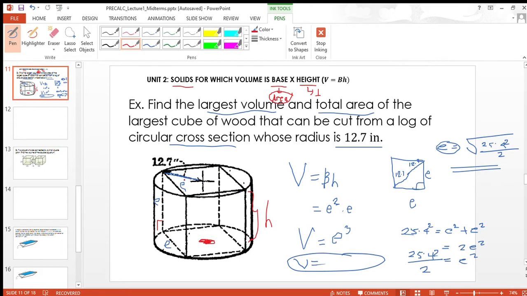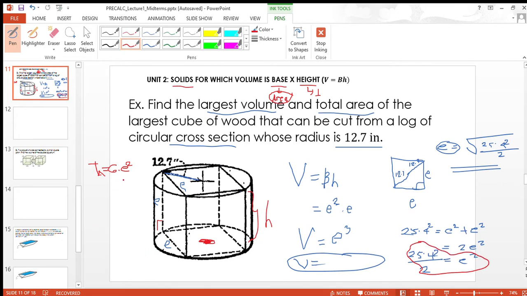But since this is a cube, we have 6 equal surfaces. So the total area will be 6 times the area of one face. That will be E squared. Okay? So E squared is already here. You can compute E squared here.